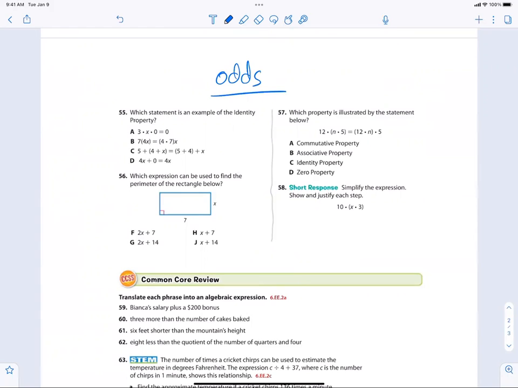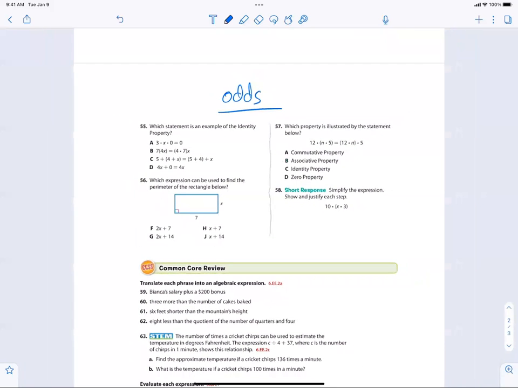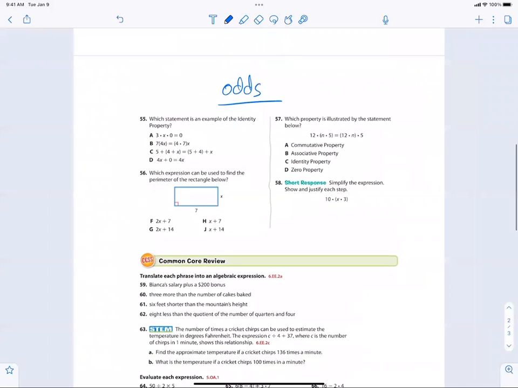Odds, that's your homework. But guess what? About 80% of the class got it done before the bell rang. So you guys might be able to do that. So be efficient. So turn the page over. 55 through 71 odds.